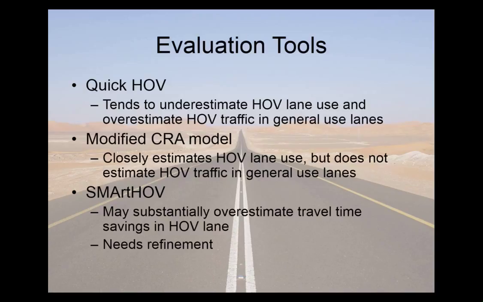Case studies I looked at showed that it may substantially overestimate the time saved from using the HOV lanes, particularly in cases where buses also use the lanes. So this particular program needs refinement and further enhancements.